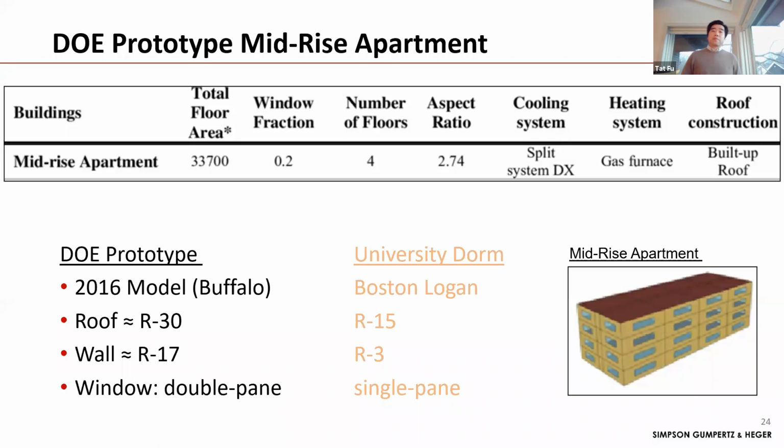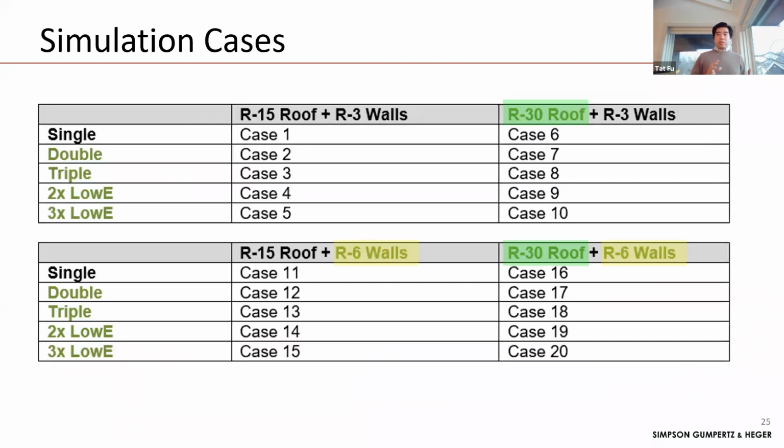Next slide, please. Once we swap all these elements, we have a model without building from scratch, and then we can simulate different types of cases, and we propose 20 cases.